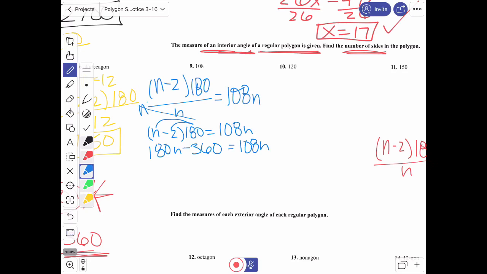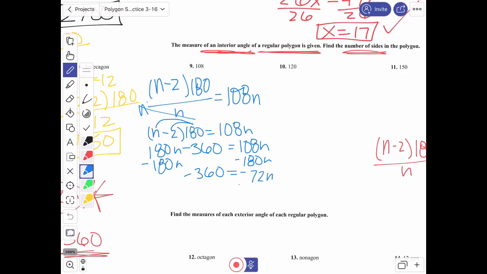Then I need to combine my n's, so I'm going to subtract 180n from both sides. And I get negative 360 equals negative 72n.